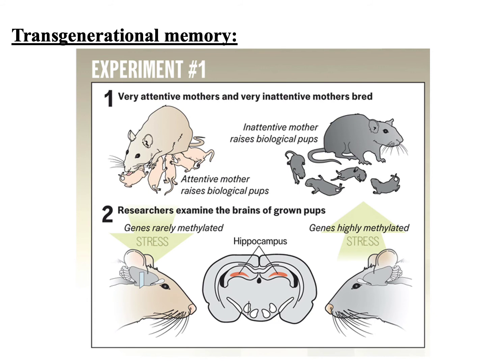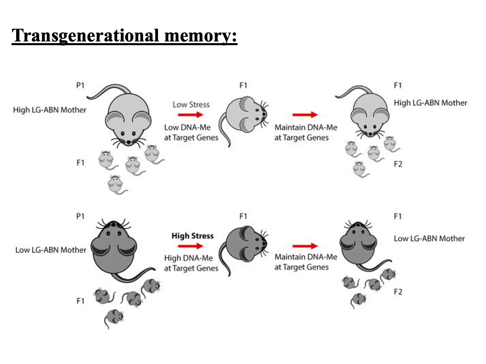The point taken away from this first set of experiments was that there was a clear difference in the methylation, which is a modification of the DNA in pups that were raised by attentive mothers as compared to those pups who were raised by inattentive mothers. The scientists in this study took this one step further and analyzed the pups under the low stress condition compared to the pups that were under high stress condition.